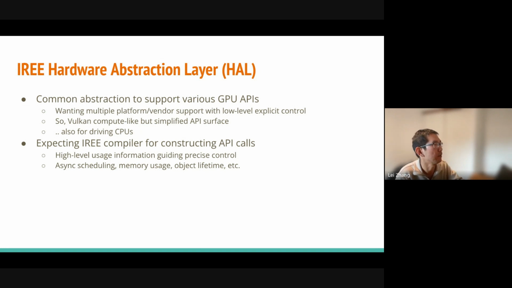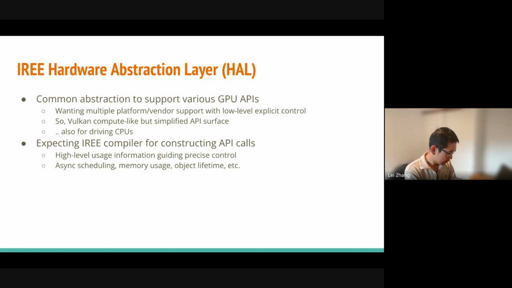So on the IREE side, we adopt a Vulkan compute-like API surface, but much more simplified, removing the things that are not necessary because they are just there for standardization purposes, catering to lots of vendors, especially on the graphics use case side. Again, note this is also for driving CPUs, and we have this unified host-device architecture and a whole layer for abstracting dense compute, communication, stuff like that. But I'm not going to talk extensively on that.